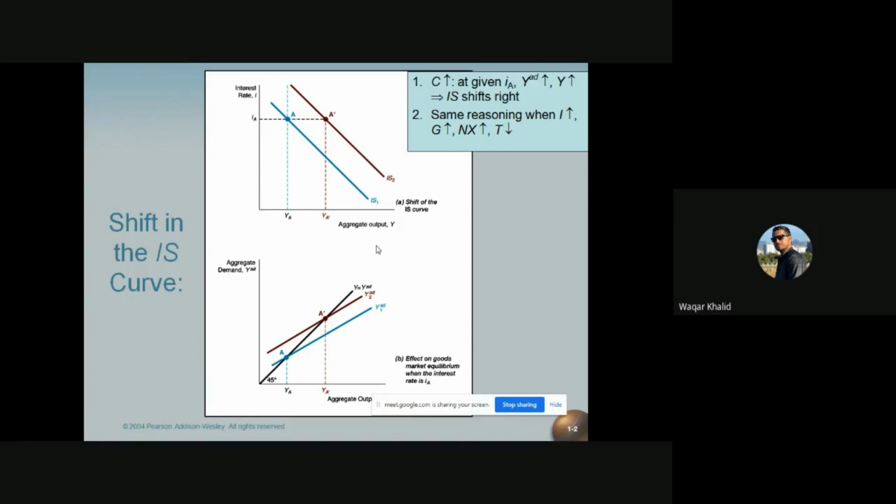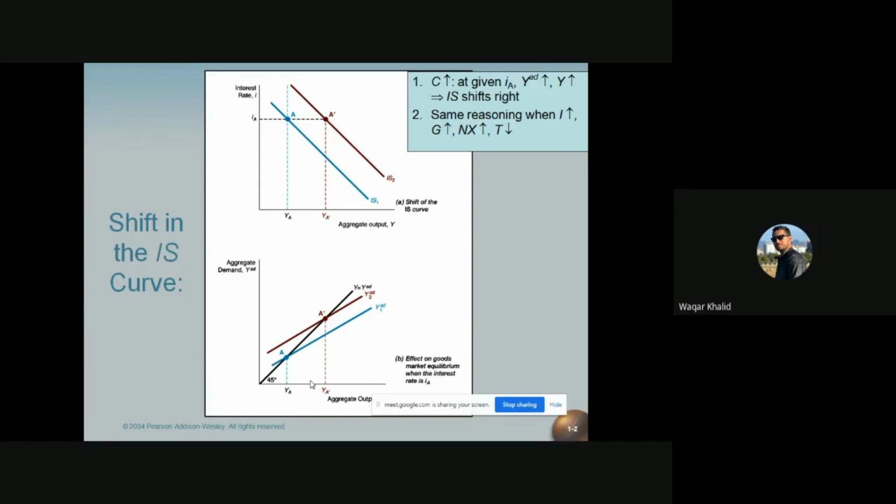For example, if Y1AD is the original aggregate demand function, and if the government increases its expenditures, Y1AD will shift to Y2AD because of the increase in government expenditures.